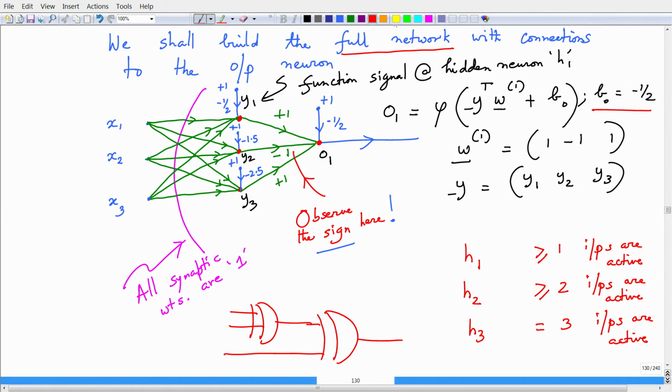If I can have a neural network that can do this, I can have another neural network that corresponds to these outputs, and you can do this in a cascade way as well.